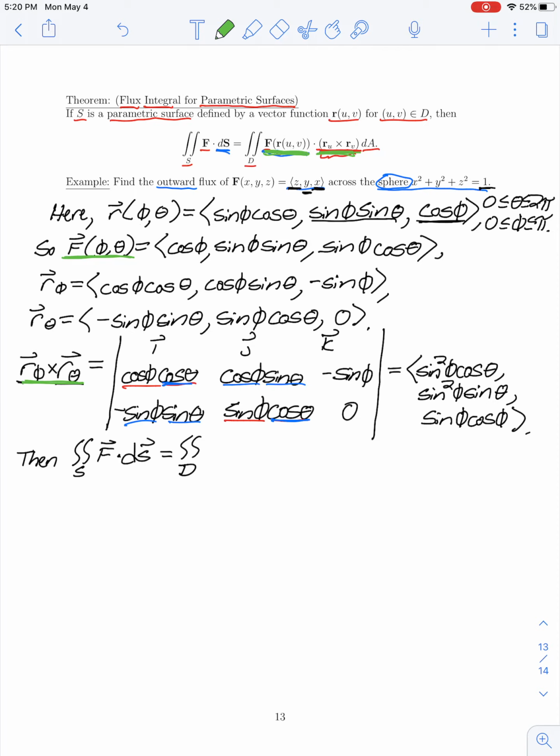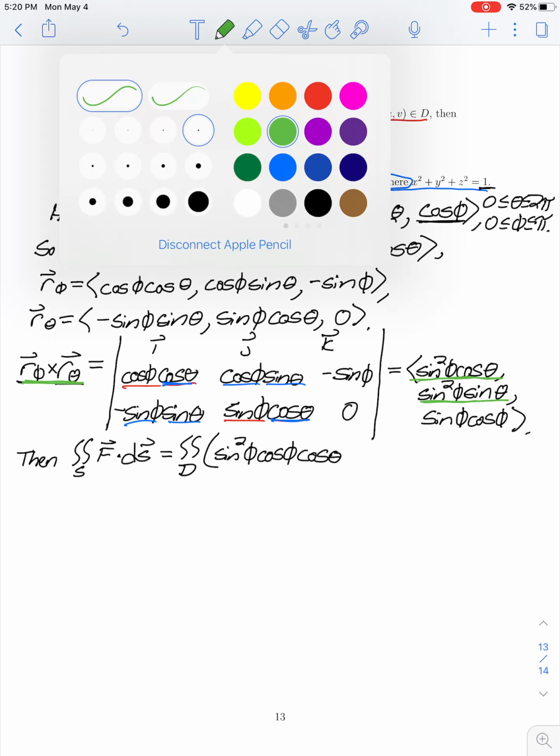So taking the dot product, we have cosine of phi times sine squared phi cosine theta. So we start with a sine squared phi cosine theta, plus, for the product of our second components, we have sine phi sine theta times sine squared phi sine theta.